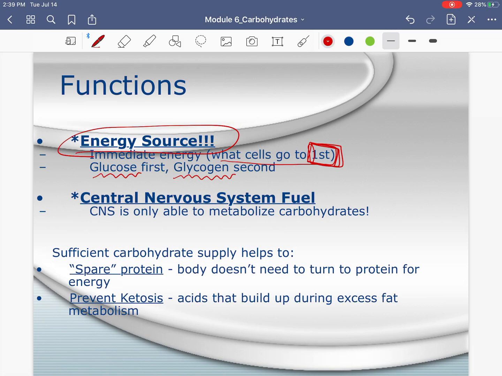Something I didn't talk about before, but I do want to point out now, is that carbohydrates are the only form of energy that our central nervous system can use. That's pretty interesting, I think. So we're talking about our brain.